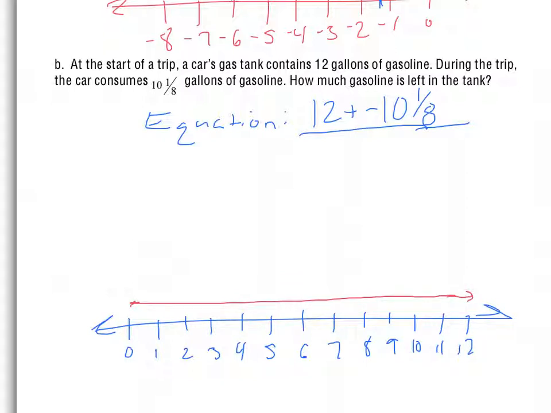And then the 10 and 1/8 is actually moving in the opposite direction. So it's 1, 2, 3, 4, 5, 6, 7, 8, 9, 10 gets me to 2. And then an additional 1/8. And this is where our number diagram is not entirely going to help us be accurate. We know it's somewhere in between. We took 1/8 away, which means that we were left with 7/8. So this is going to be 1 and 7/8.